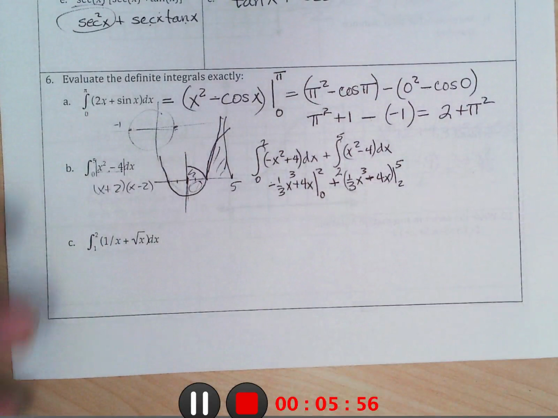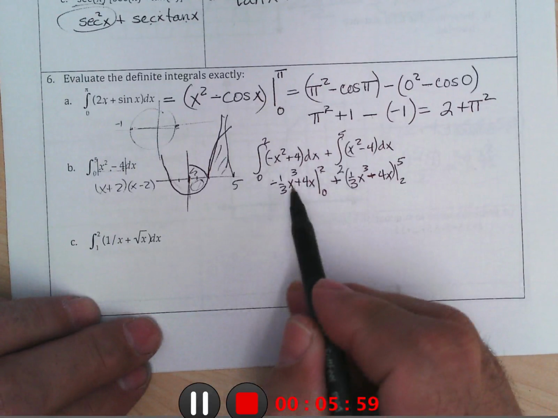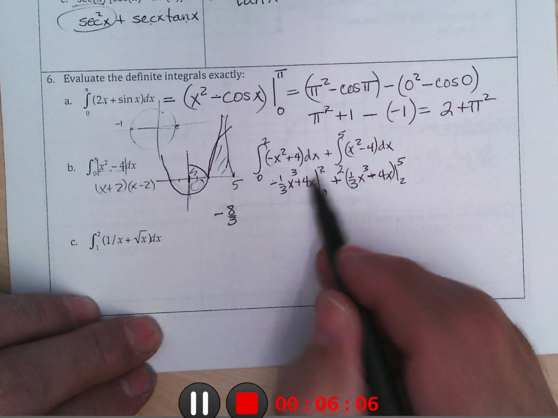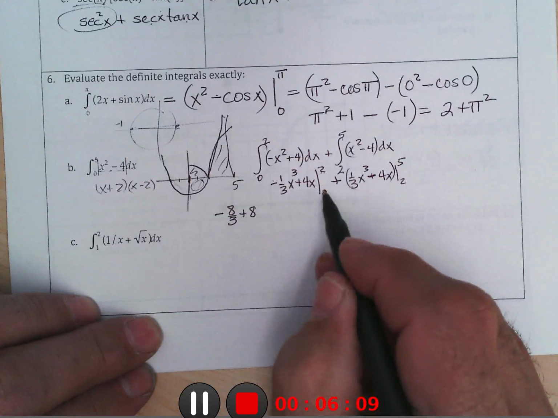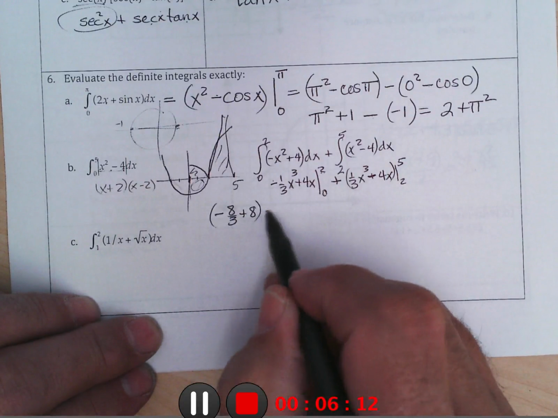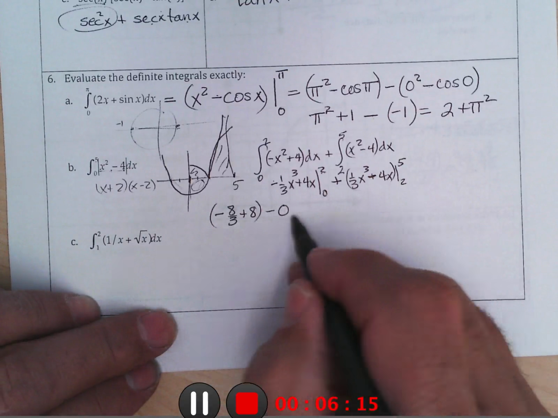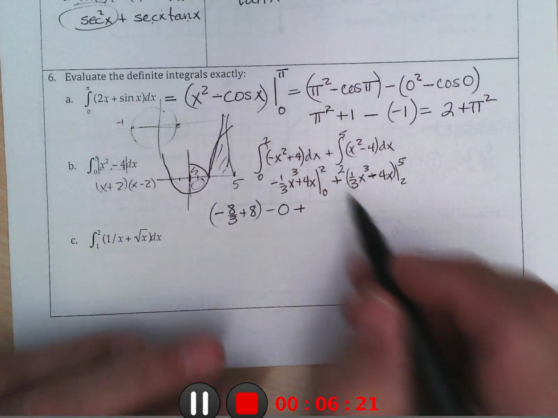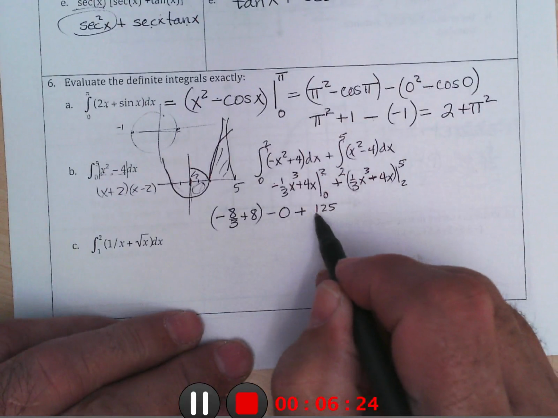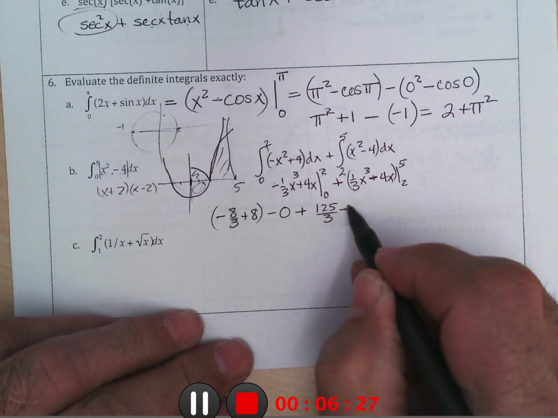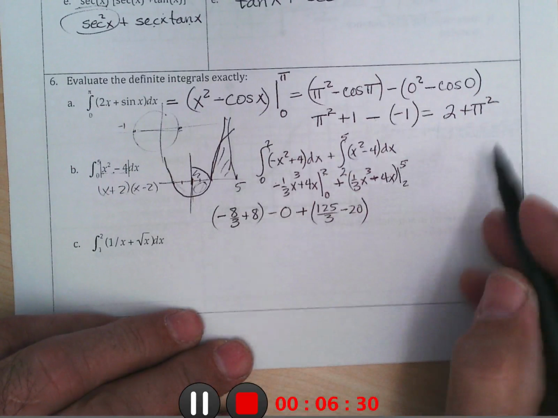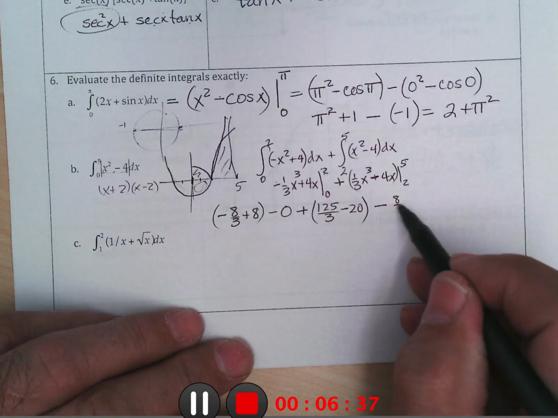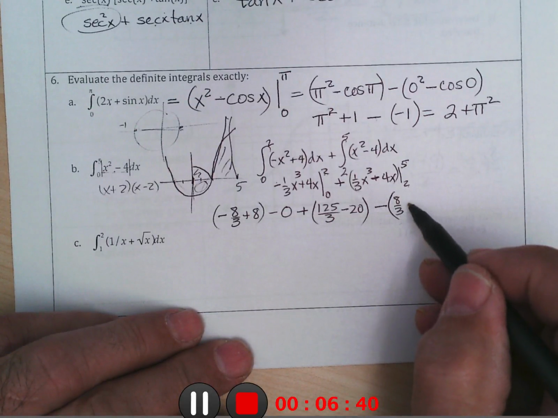And so we get 8/3 plus 8 minus, and 0 in this is 0, plus 125 over 3 minus 20 minus, and putting 2 in here, we get 8/3 minus 8.